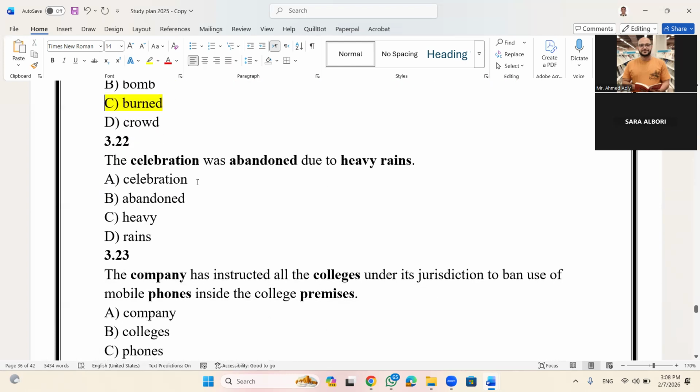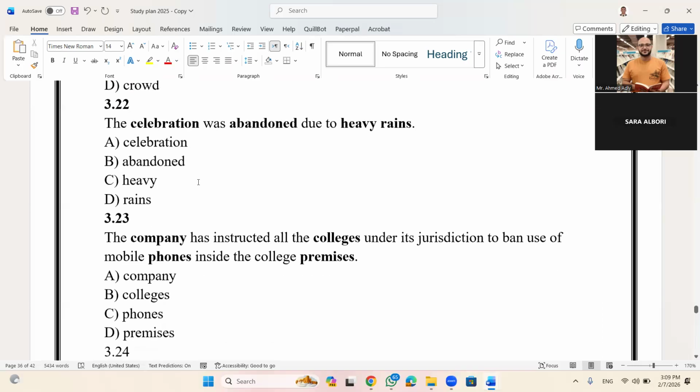Next, 22. The celebration was abandoned due to heavy rains. So here I'm talking about a party or celebration, and this celebration didn't take place because there was a lot of rain.